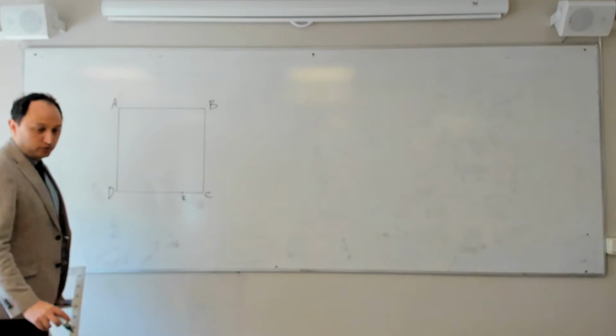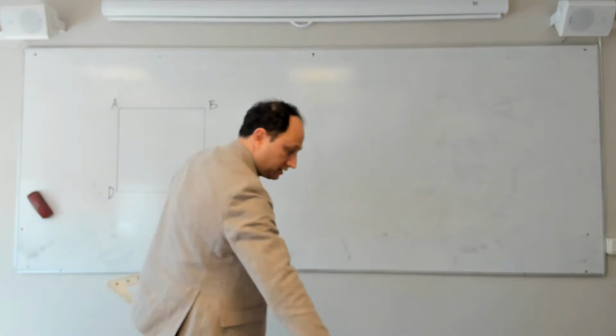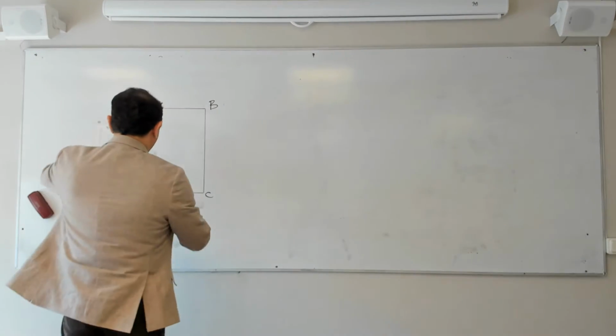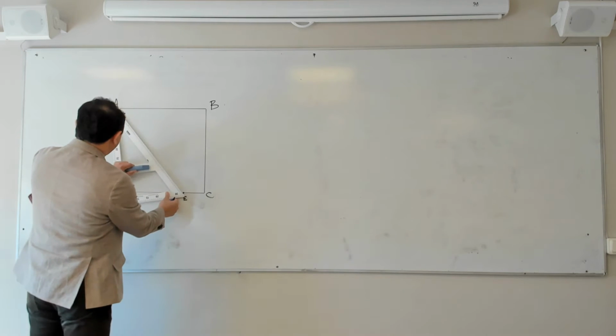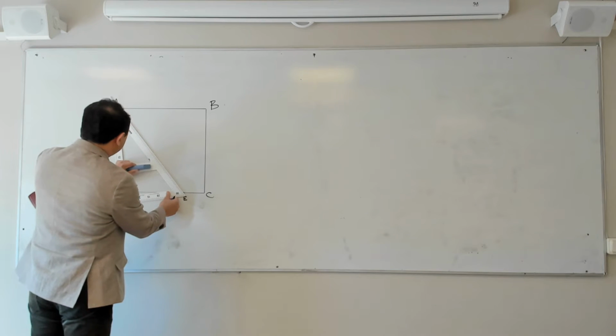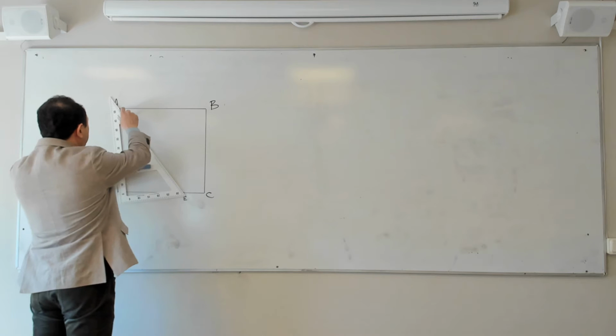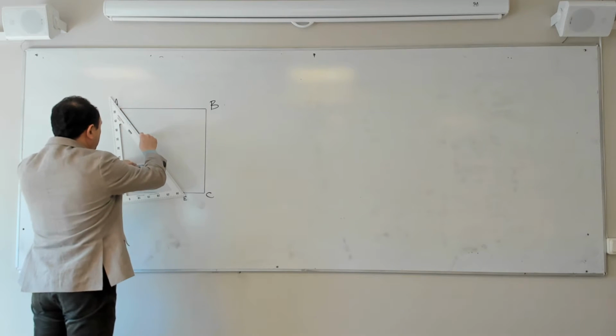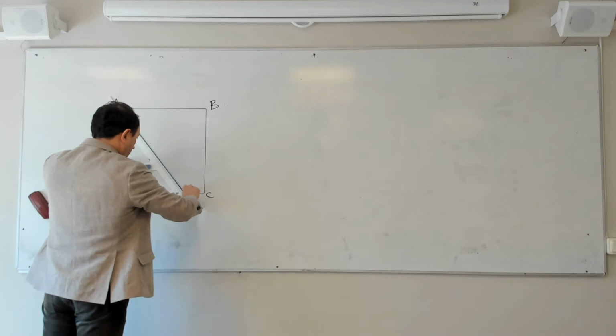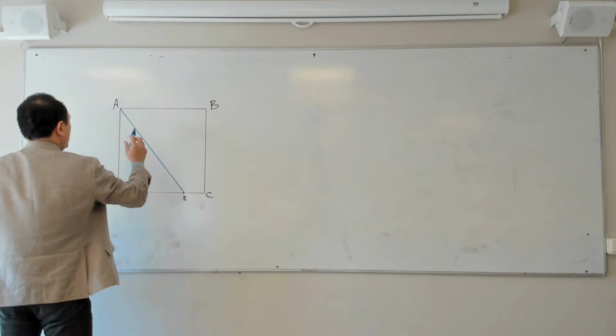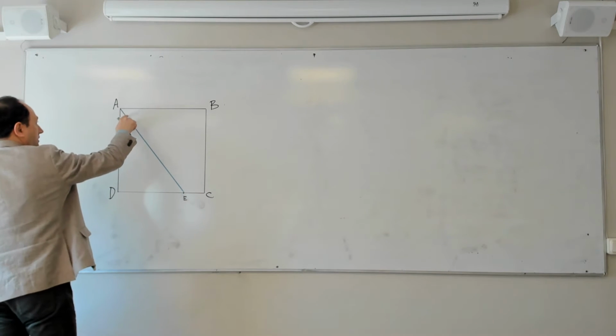And then what I do, I connect this point A to this random point E that I have chosen here. And then I draw the bisector of this.